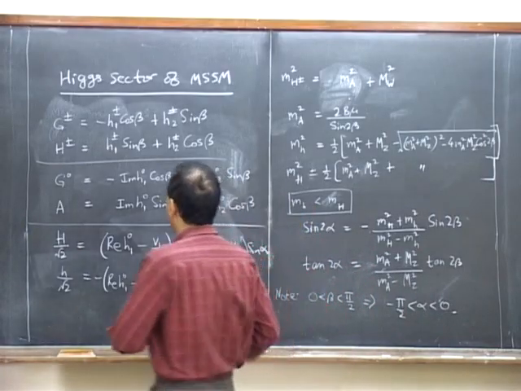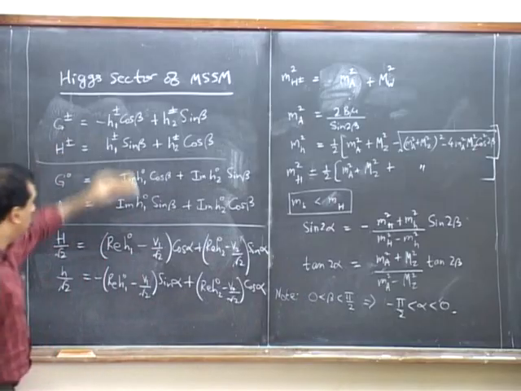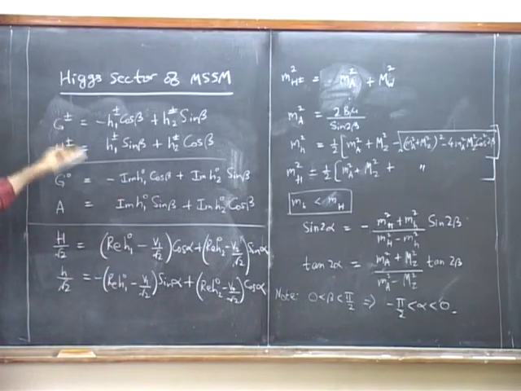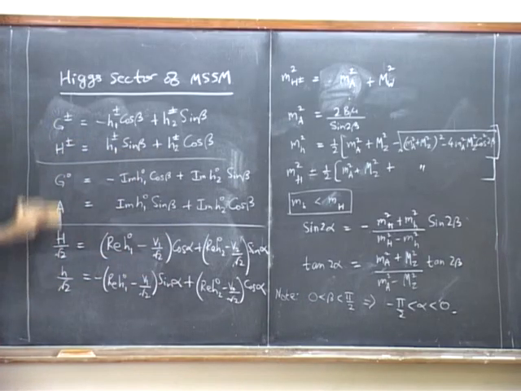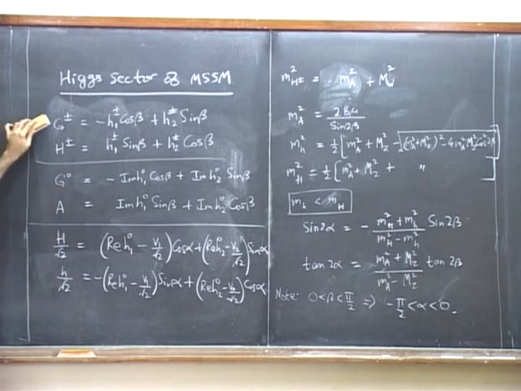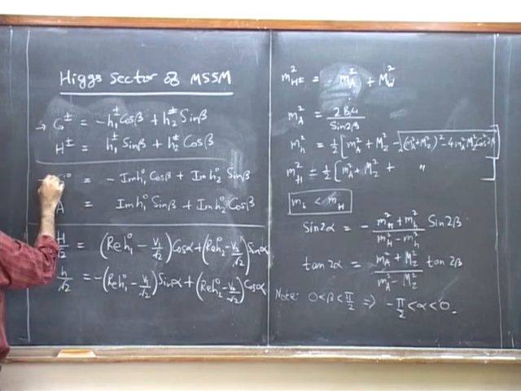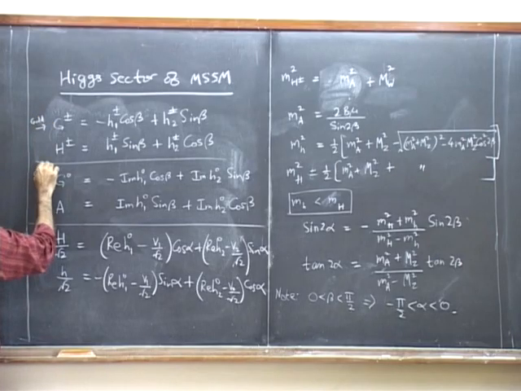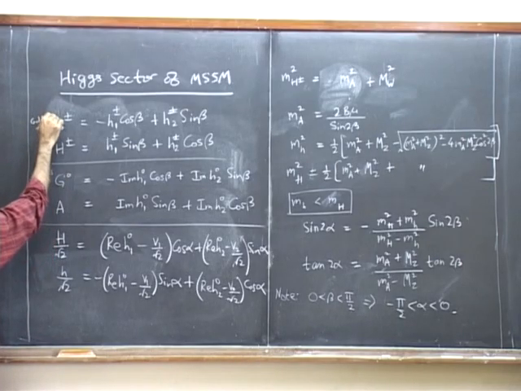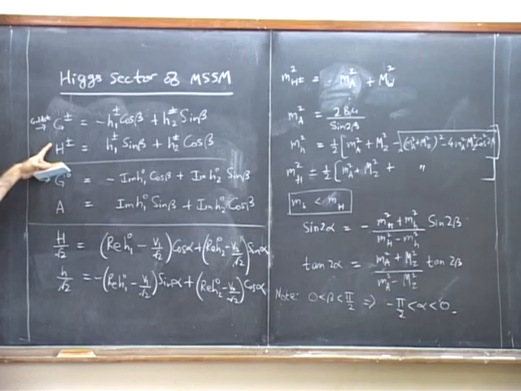Okay. So now we can make some comments. So I hope this is clear. These are just the rotations we have to perform on the components of the original Higgs fields in order to get the 8 mass eigenstates, of which these are massless Goldstones, and 2, 3, 4, 5 are massive, and those are observable.